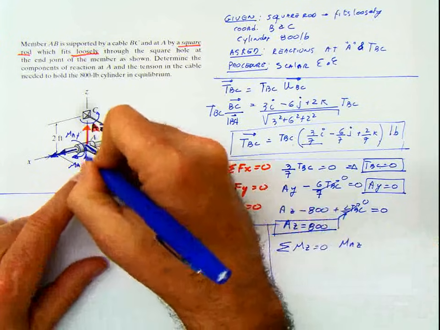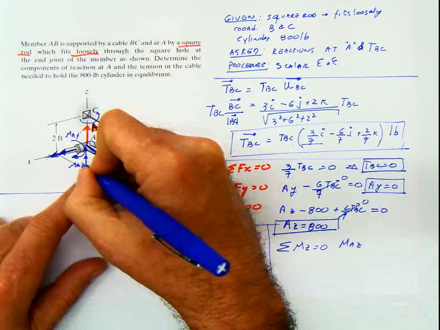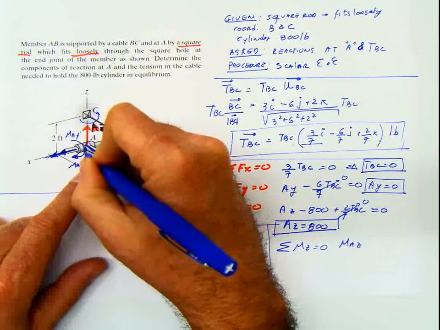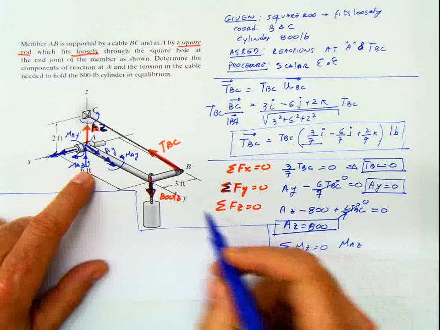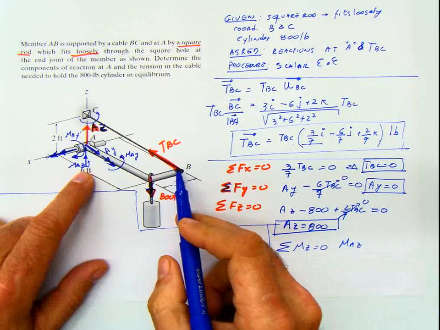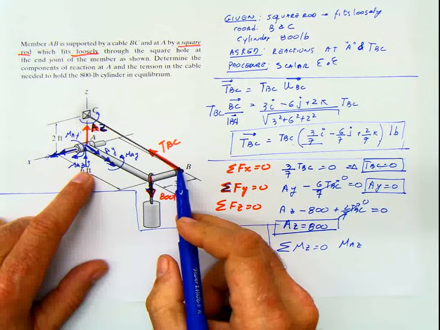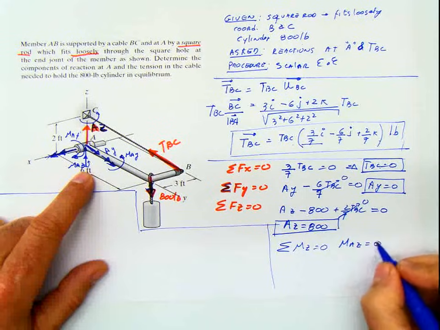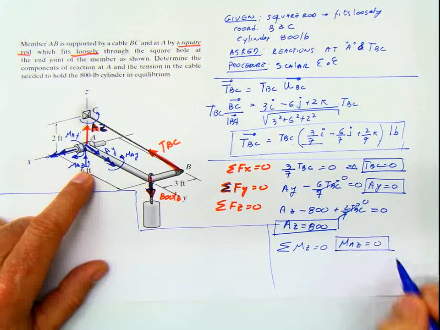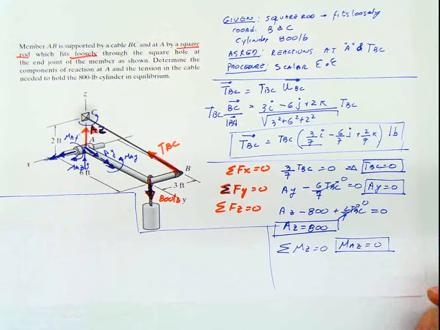Do not confuse this with force, because I have the moment, which is this, and I have two arrows in that drawing. So MAZ, and whatever this force was going to produce around Z. But because this force is 0, MAZ doesn't have any other thing to do there, so it's 0 also.